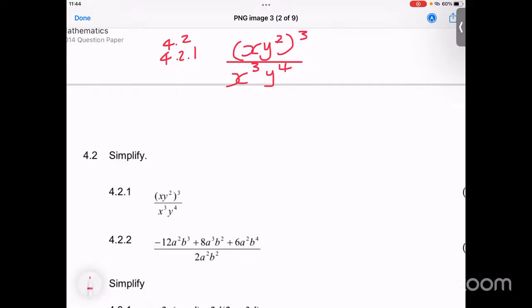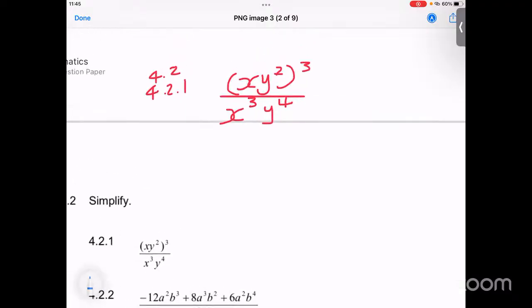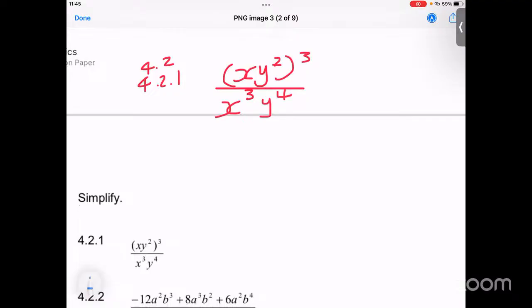So remember, in mathematics, we always start where we are having the brackets. But in this case, it looks like we will have to apply our knowledge of the laws of exponents. So let's see. Here you are having x to the exponent of 1. That 1 is there, but as an invisible 1.